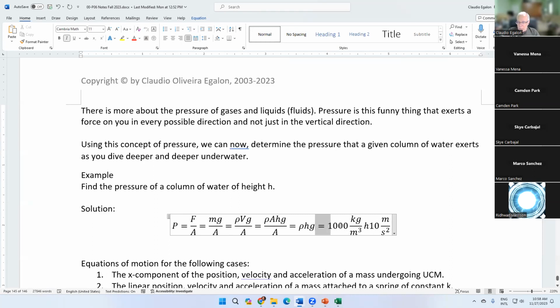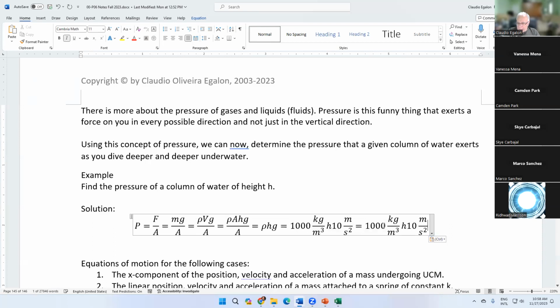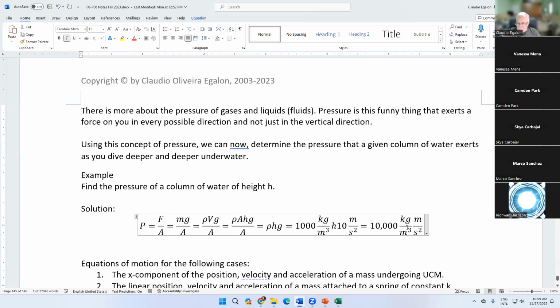And look at the simple equation that we get. We get 10,000, this number 10,000 kilogram per cubic meter. I'm going to put this H right here times H.